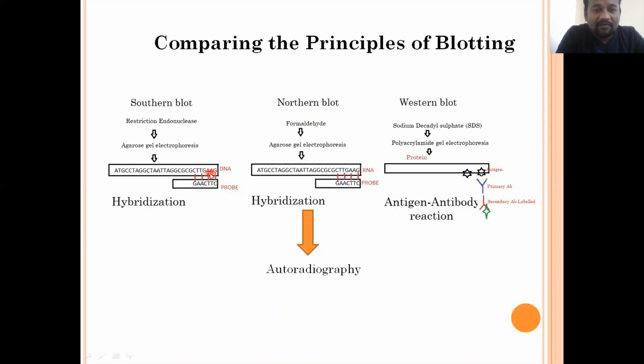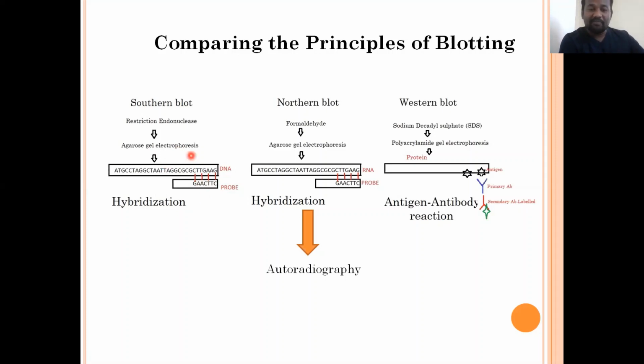Accordingly, this DNA probe will attach or hybridize only with the particular DNA of interest among the group of DNA.